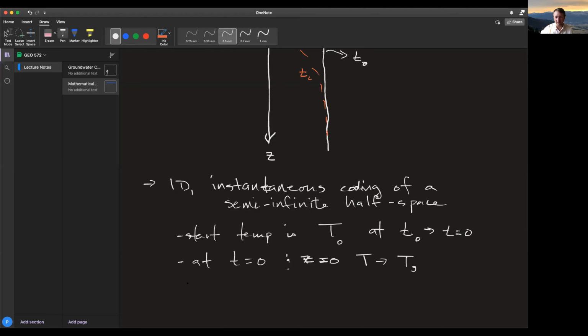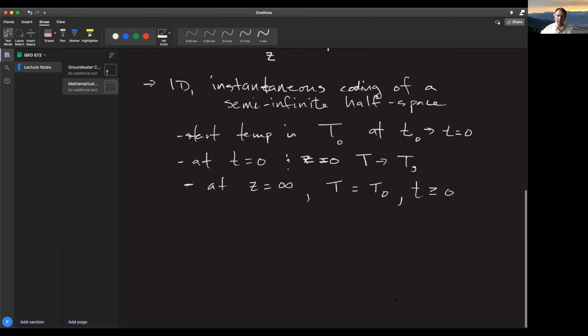And the other thing I'm going to say is this thing's really deep. So at Z equals infinity, all right, my temperature is going to stay constant. T is equal to T naught for all times. Okay, so this is my mathematical model.